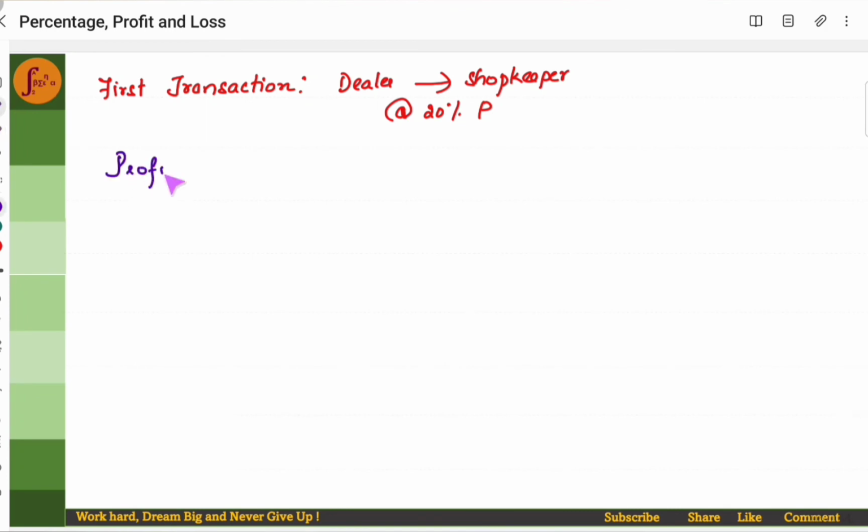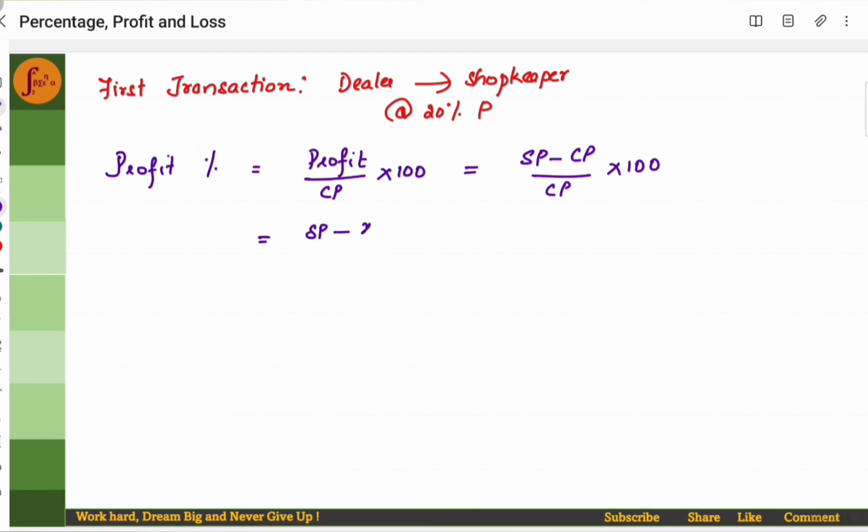Profit percent is profit by cost price into 100. We don't know profit, so we'll write it as SP minus CP by CP into 100. This is nothing but SP is, we don't know, CP is X, into 100. Profit percent is given as 20%.